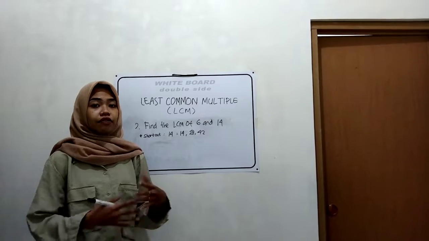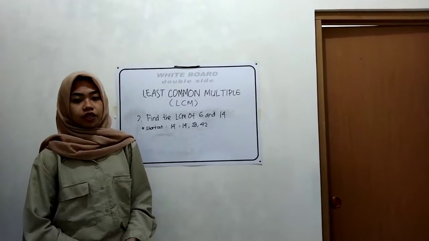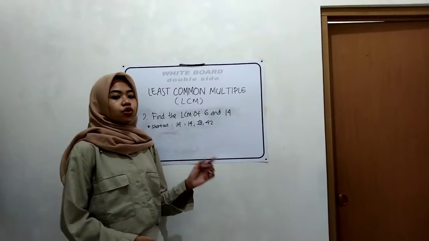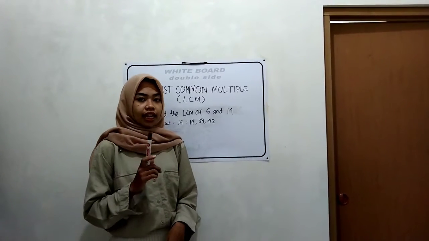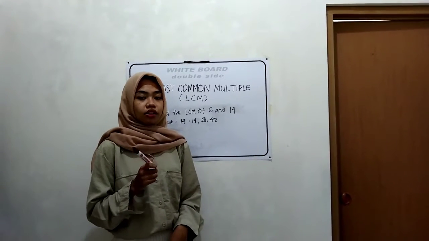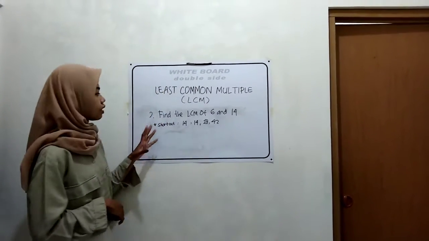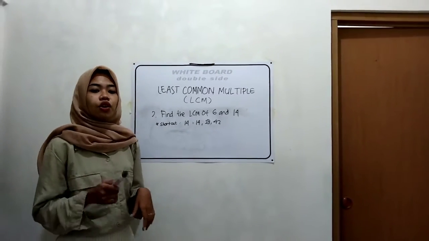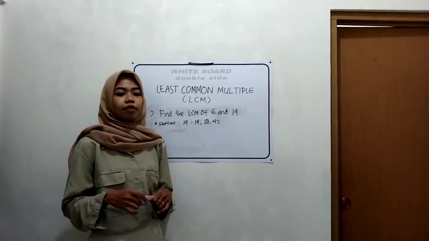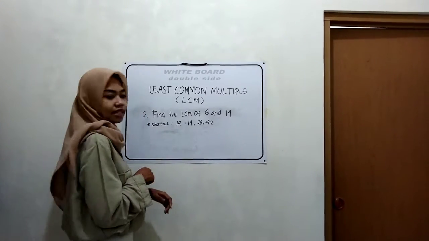We're still finding the LCM by listing multiples, but I'm going to show you a little shortcut, and if you understand it, it can save you a lot of time. The problem is: find the LCM of 6 and 14. You know that the LCM has to be a common multiple of both numbers.